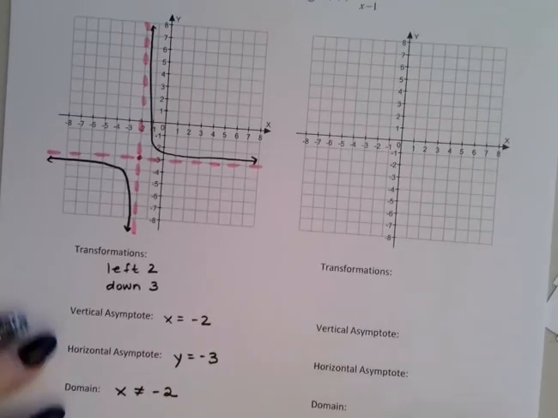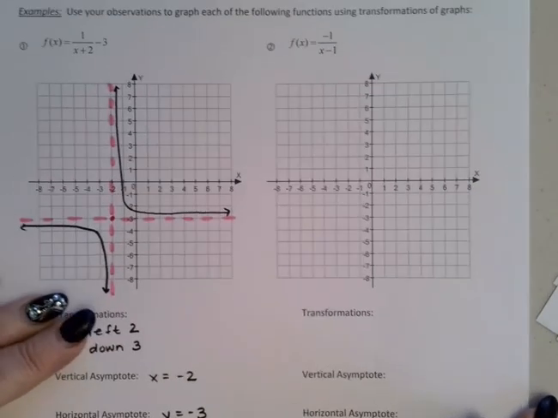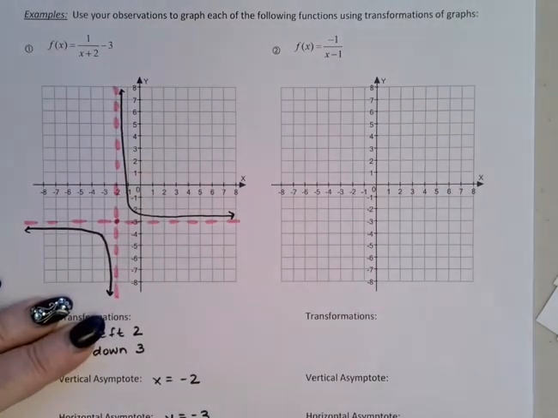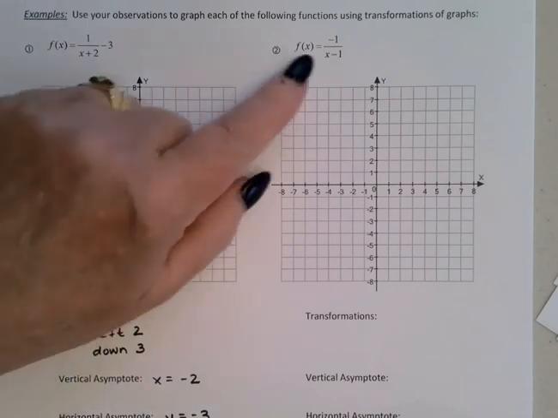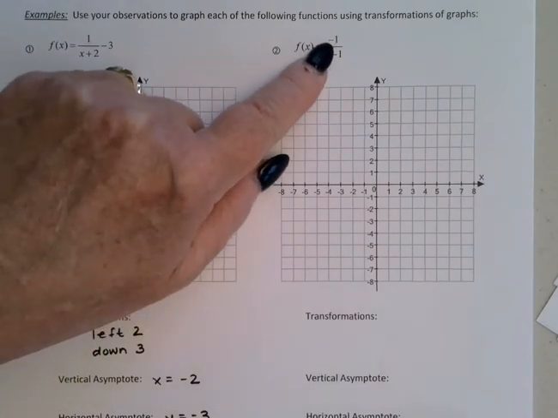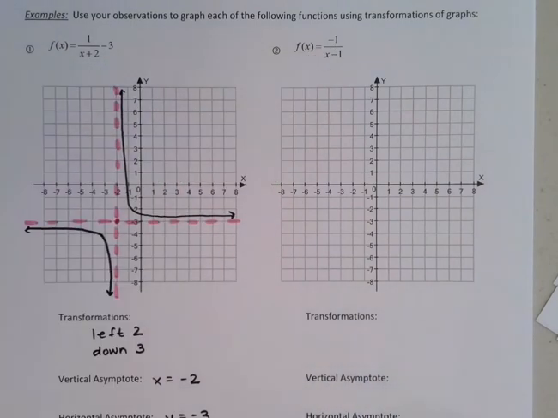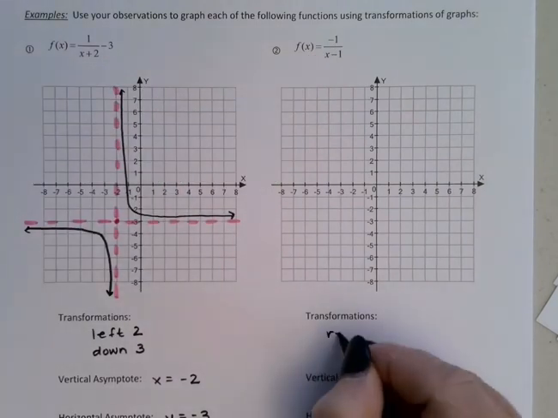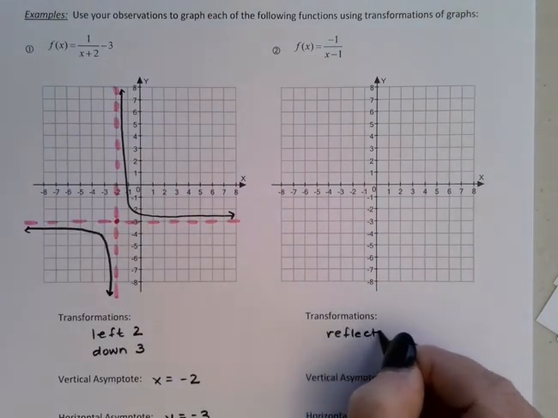All right, what about this other example? We've got our function as -1 over x minus 1. Because of the multiplier of a -1 here, I know that this is upside down or reflected across the x-axis.